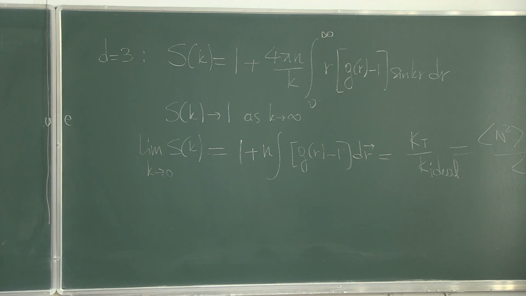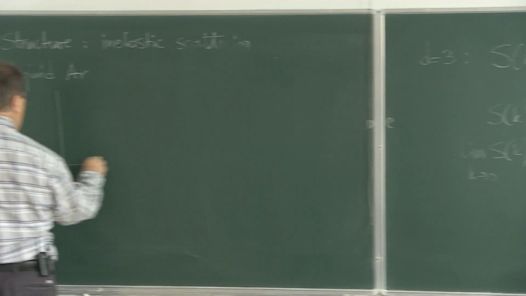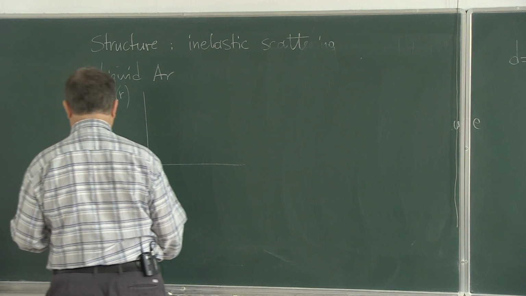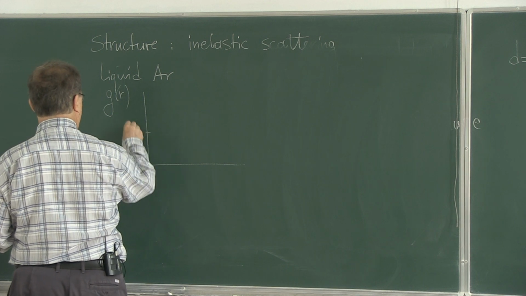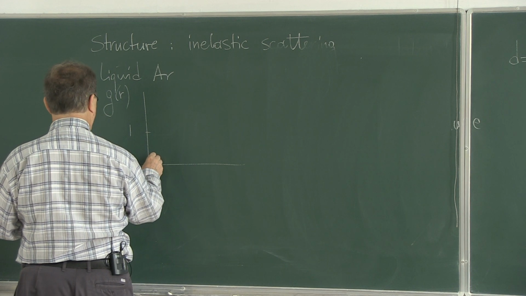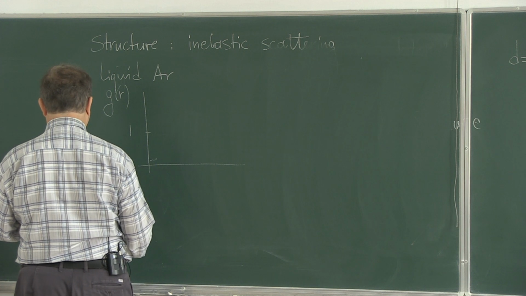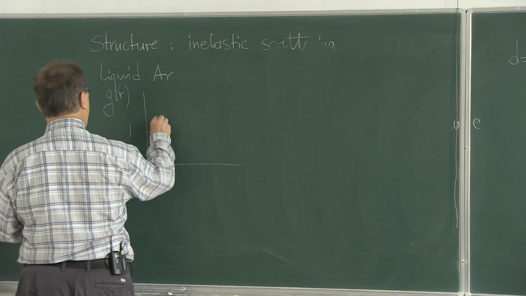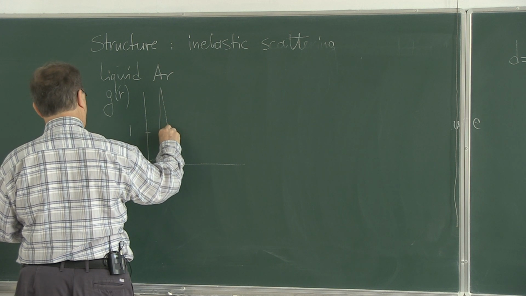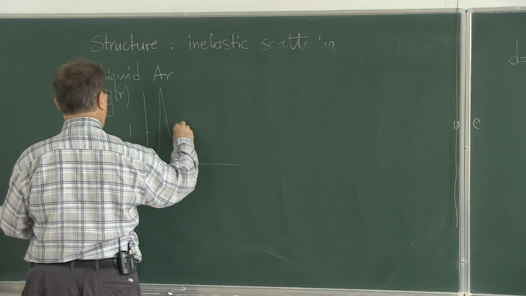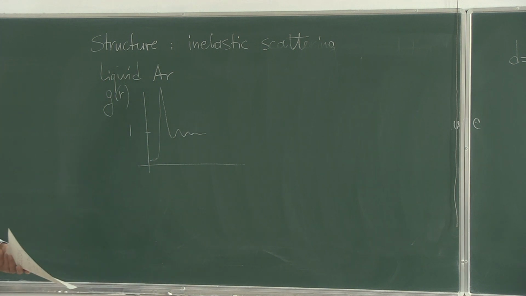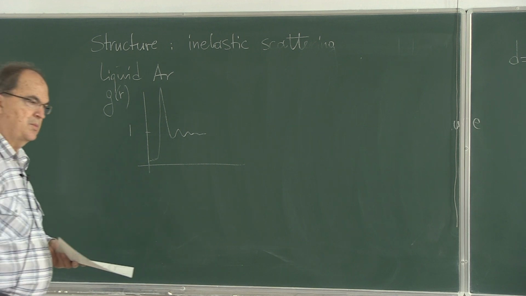So here is a g(r), you can call that calculated. g(r) starts from here, at low r goes up, there's a sharp peak and oscillations around 1, and the short range order is visible.